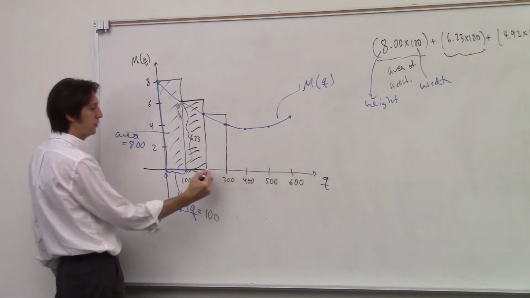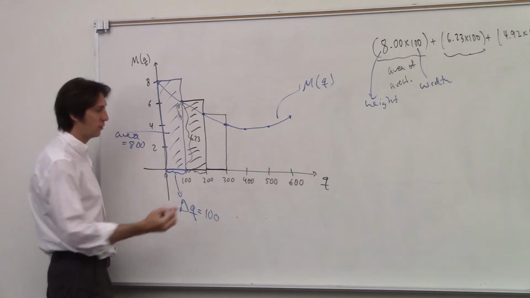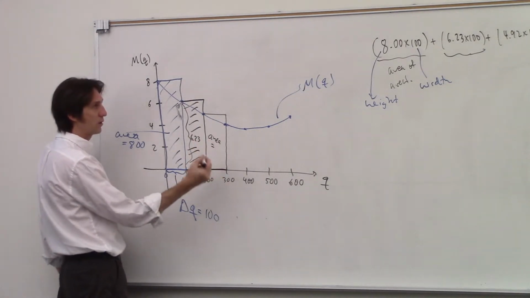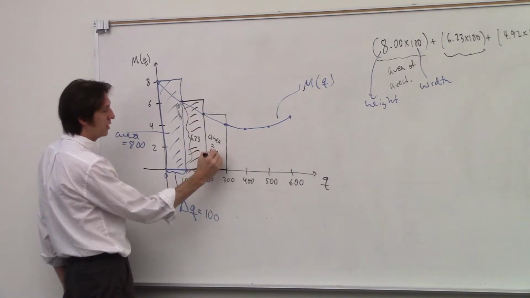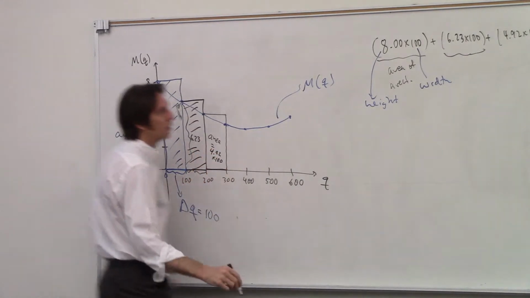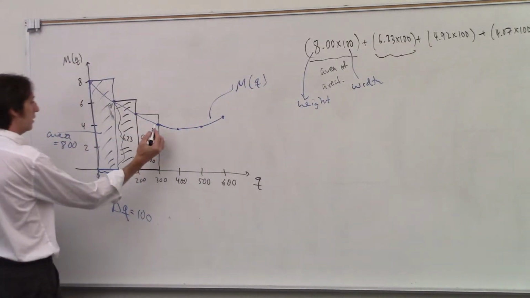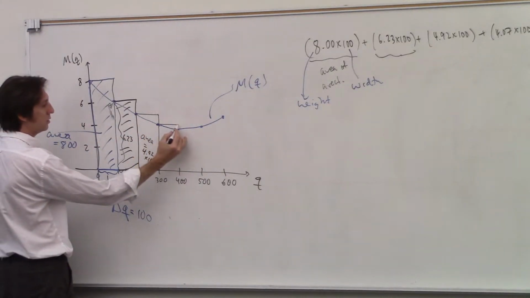The width from 200 to 300 is 100, and so the area of this third rectangle is 4.92 times 100, the third term in my summation. And then lastly, here's a height of 4.07.